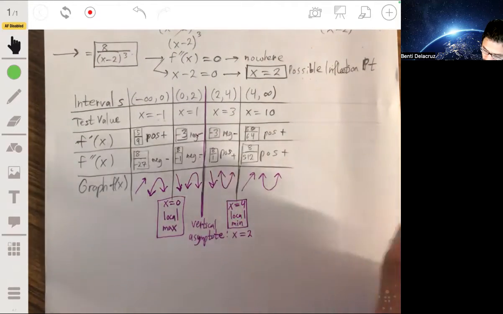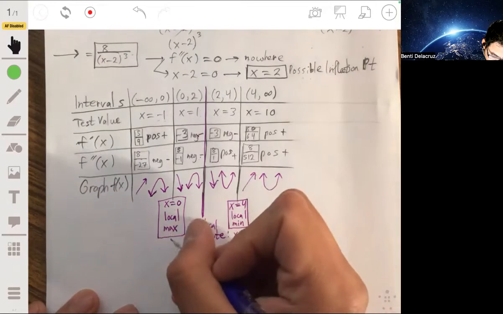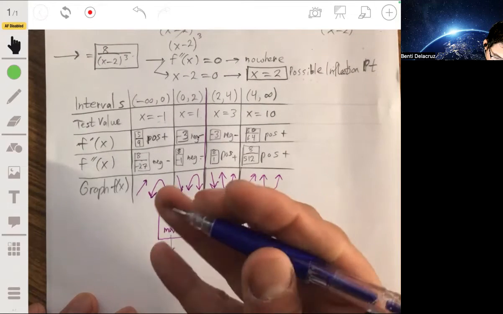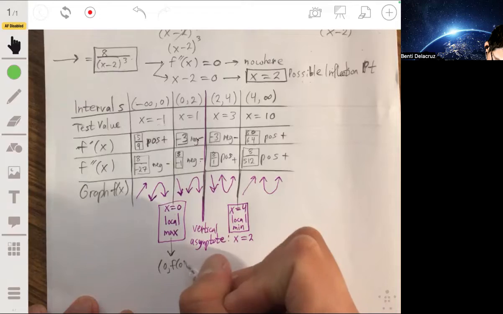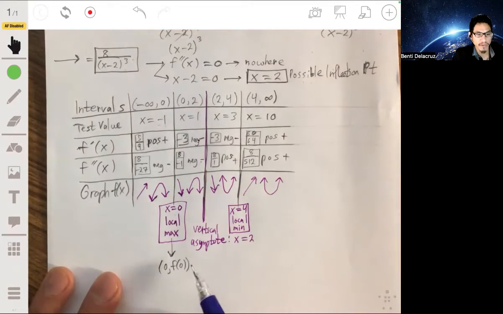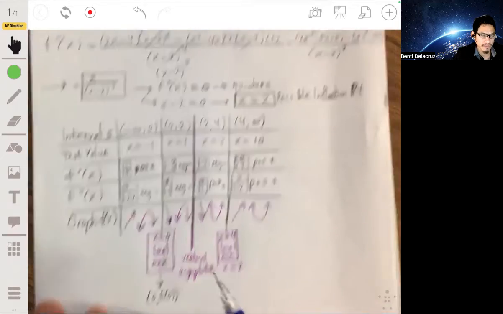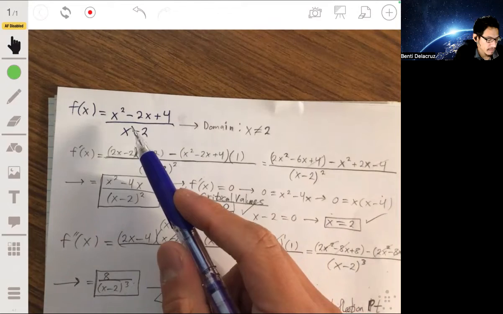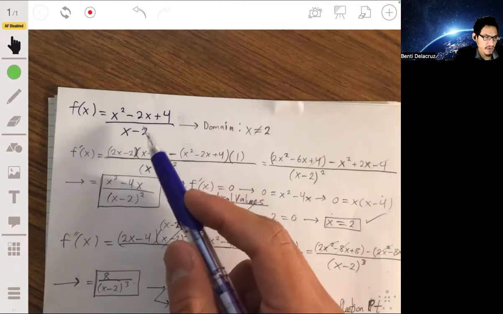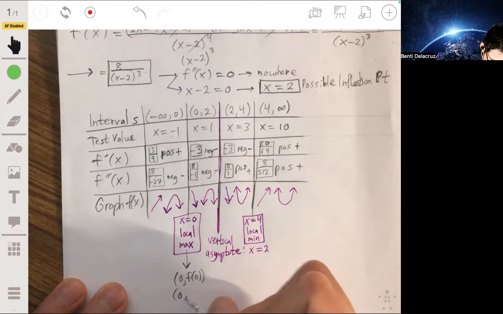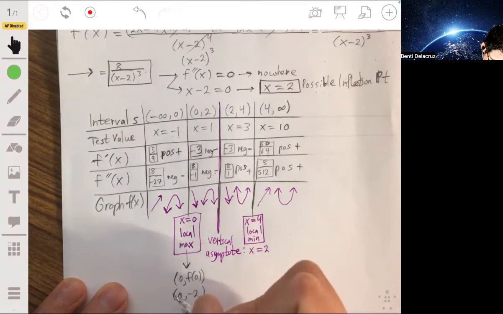We can calculate it here. For the local max, it's going to be 0, f of 0. So we plug 0 into the original function. That's going to be easy to calculate. That'll be 4 over -2, so it'll be 0, -2. So the coordinates of the local max will be 0, -2.